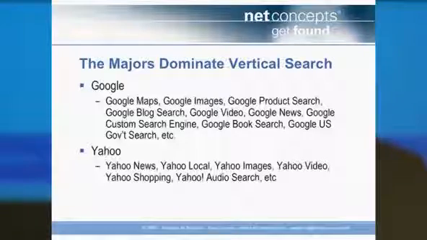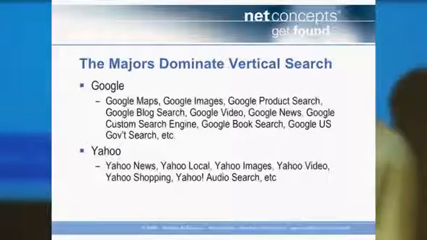And if you look at vertical search, they have things pretty well covered with, say, Google Maps, Google Images, Google Product Search, Google Scholar, Google Book Search, Google Blog Search, Google News, Google Custom Search Engine or CSE, Google U.S. Government Search. They've got a bazillion different vertical engines. Yahoo similarly has a lot of vertical engines as well.